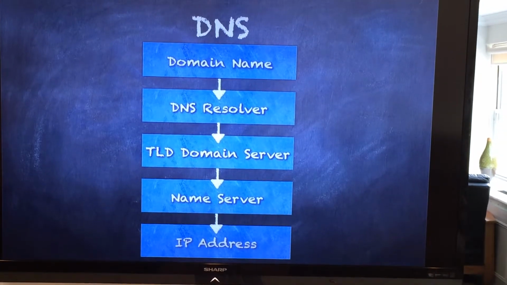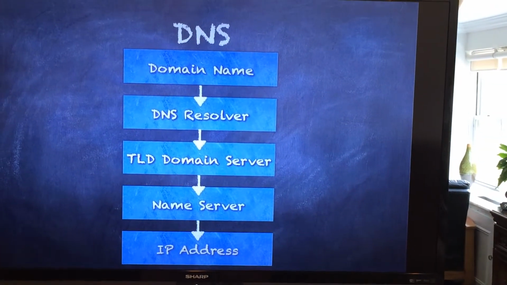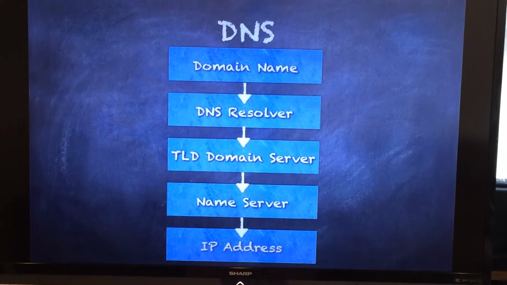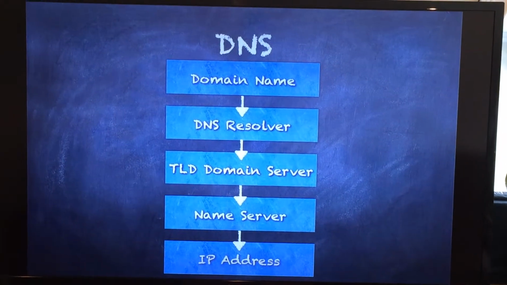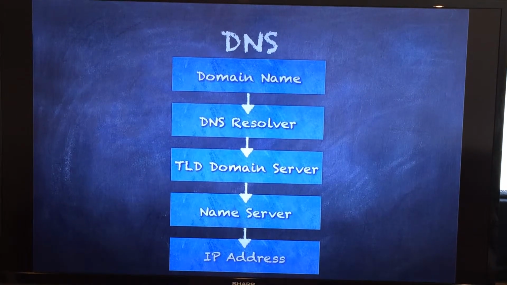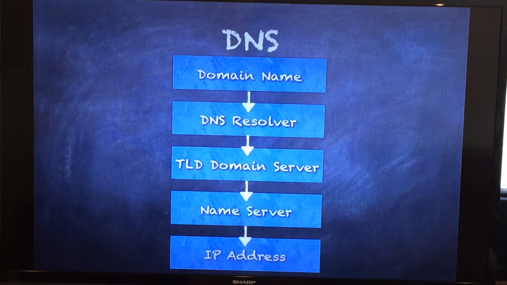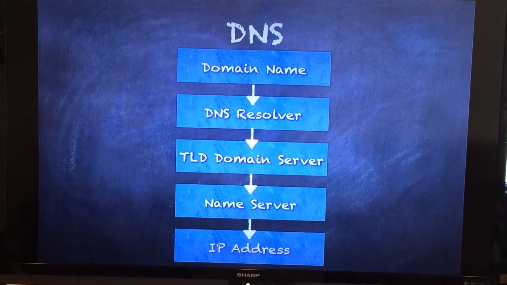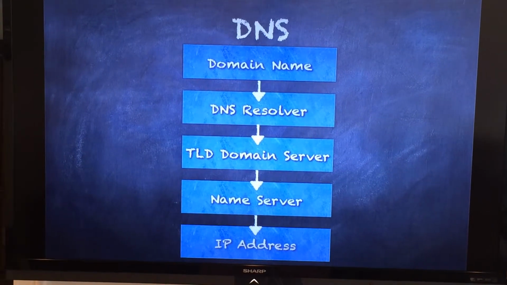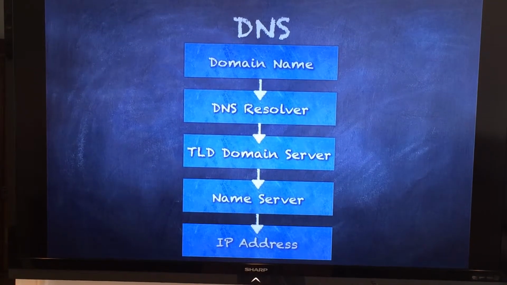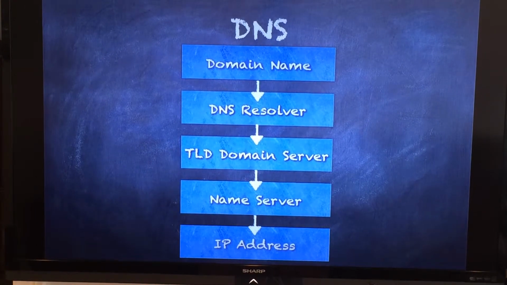The domain name is then sent to our DNS Resolver, which is owned by our internet service provider. So say I was sitting at my home and I typed in nerdina.org. First, nerdina.org would be picked up by the device within my home called a router, and the router would then send the domain name nerdina.org to my DNS Resolver.